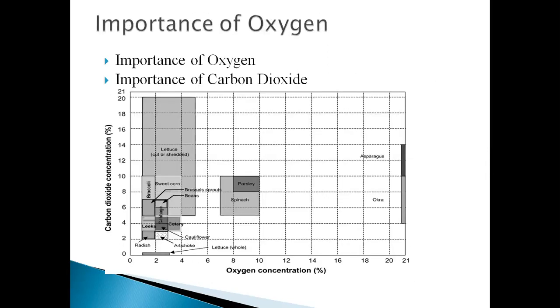What is the importance of oxygen? Usually, there is 20% by volume of oxygen in the air. Oxygen is essential in every phase of plant's life. The whole plant respires, and there is no central organ or tissue that absorbs oxygen. So, oxygen is absorbed by leaves, fruits, and roots from the atmosphere.